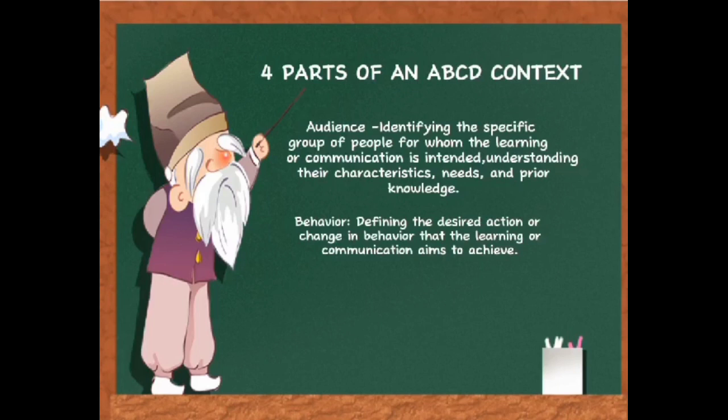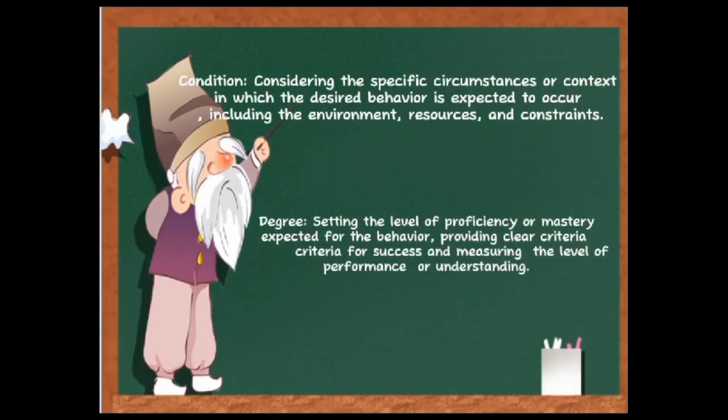Audience: this part involves identifying the specific group of people for whom the learning or communication is intended. It's important to understand the characteristics, needs, and prior knowledge of the audience in order to tailor the instruction.